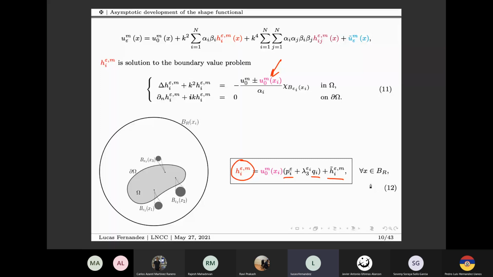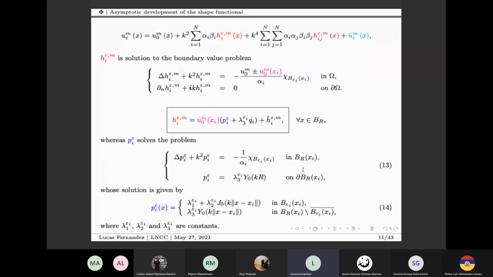The function pi epsilon is the solution to problem 13, which admits an explicit solution written in terms of Bessel functions. So here are the Bessel functions.